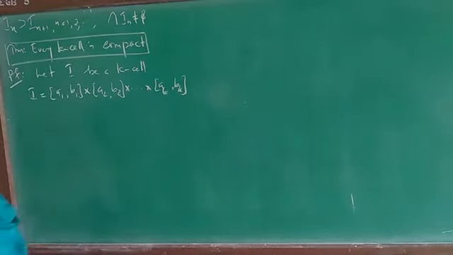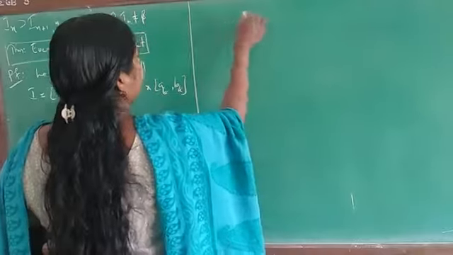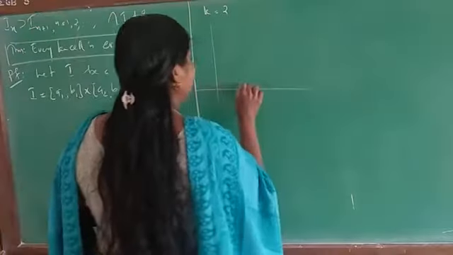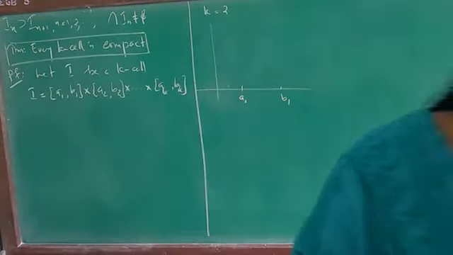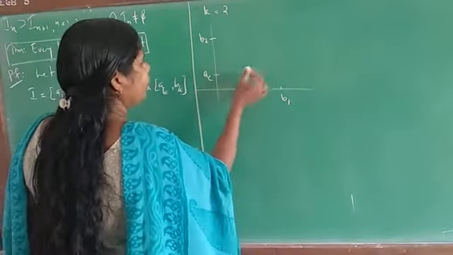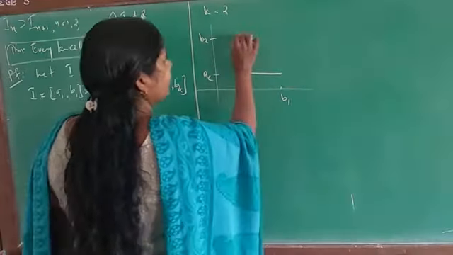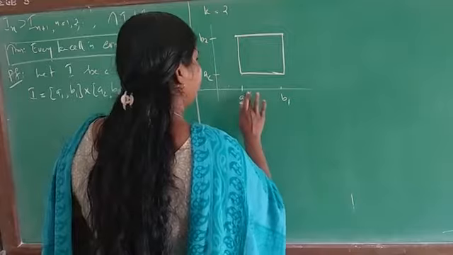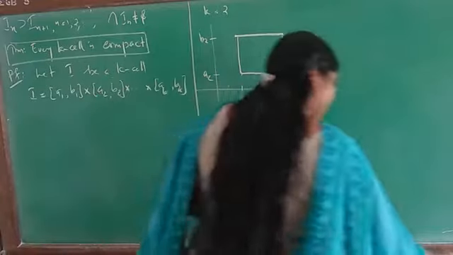Now the proof idea is this. If we consider the case when k is equal to 2, the K cell is a rectangle, [a1, b1] cross [a2, b2]. A point's first coordinate x must be in the range a1 less than or equal to x less than or equal to b1, and the second coordinate y satisfies a2 less than or equal to y less than or equal to b2.